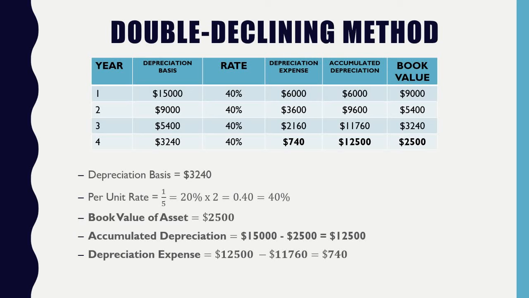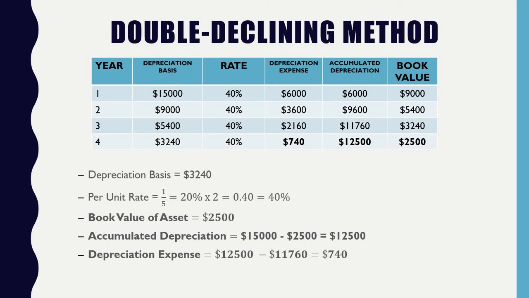So therefore, we need to work backwards to solve for our actual accumulated depreciation. In this case, my book value is equivalent to 2,500, which we've already solved. Now we got to solve for our accumulated depreciation, which is going to be the cost of our asset minus our book value, and that's going to give us 12,500.